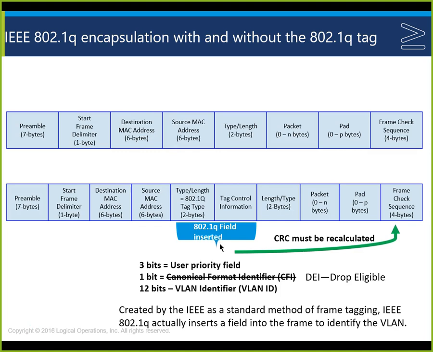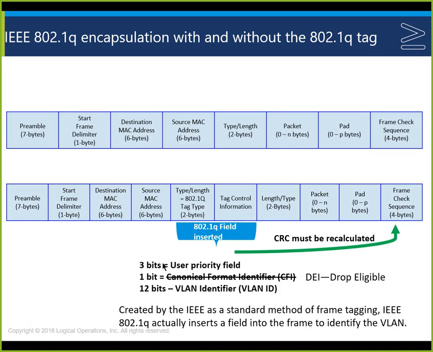802.1Q encapsulation. We've looked at some of this before. The standard Ethernet frame has the preamble, start frame delimiter, destination MAC, source MAC, type or length, then the packet and the padding if we need it, and the frame check sequence.